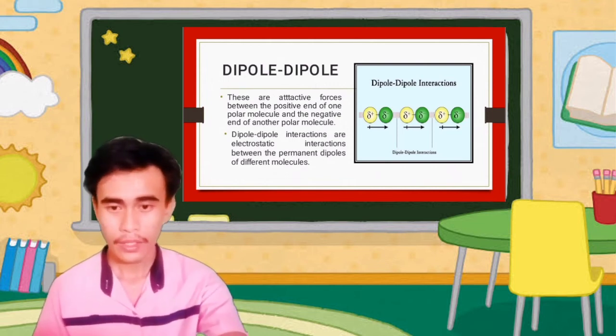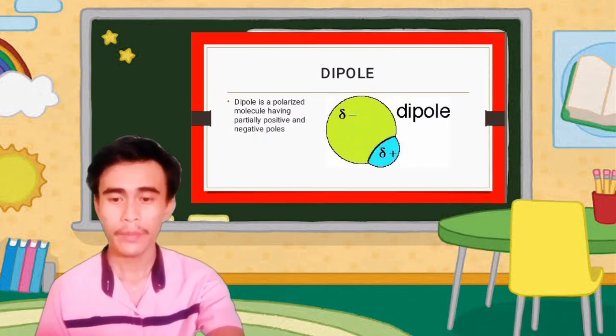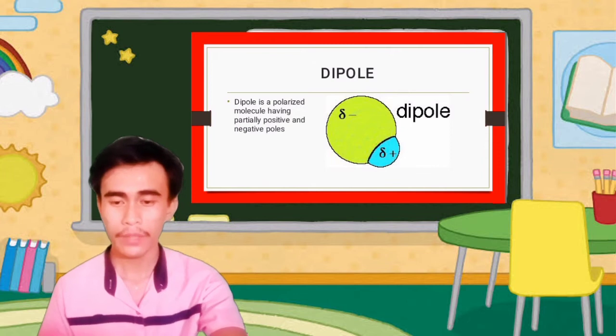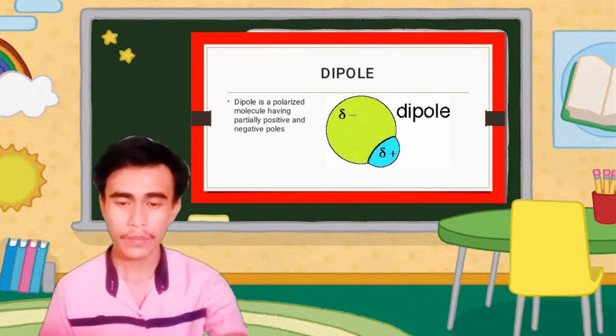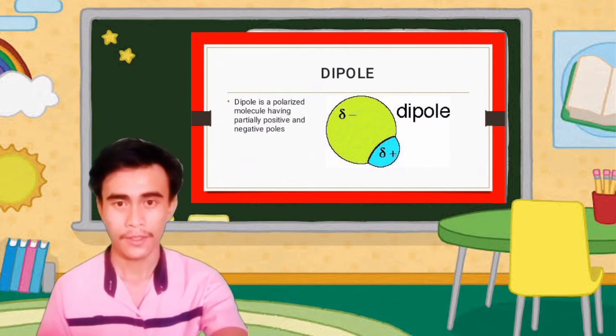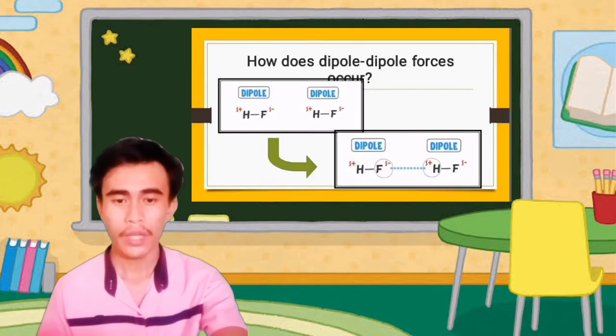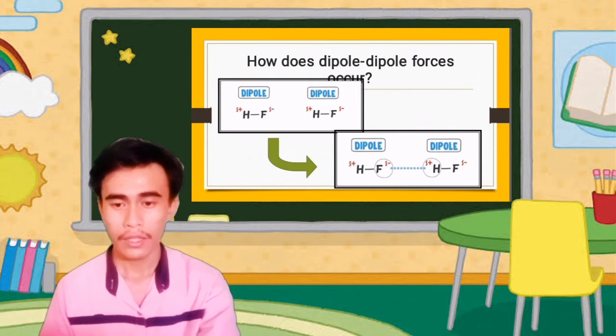So makikita natin, ano nga ba ang dipole? So when we say dipole, it is a polarized molecule having partially positive and negative poles. So makikita natin sa illustration, merong partially negative at merong partially positive pole. So how does dipole-dipole forces occur? For example, meron tayong hydrofluoride. Isa siyang dipole. So meron siyang positive and negative pole.